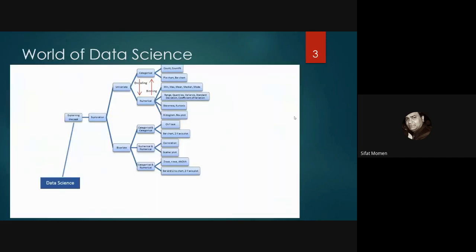If you look at the world of data science, machine learning studies data. Machine learning is an approach that can be used to understand data. It's a branch of data science, you can say. From the data, we can do different things.